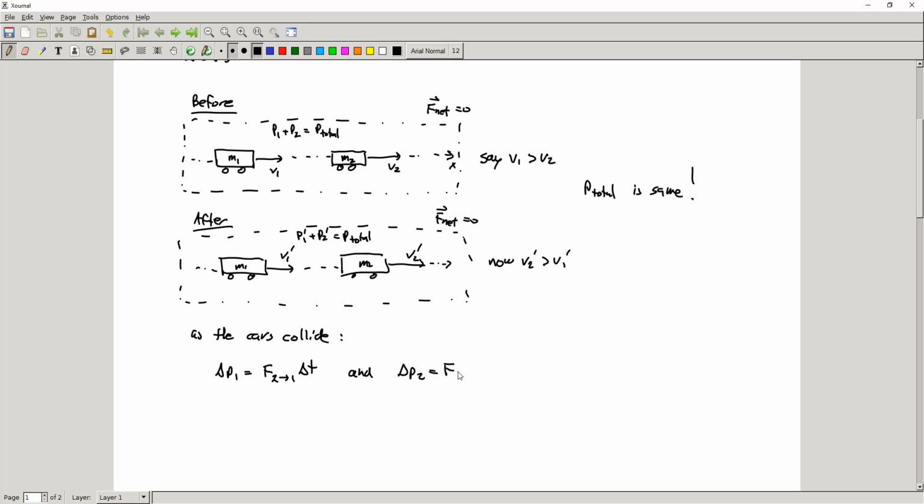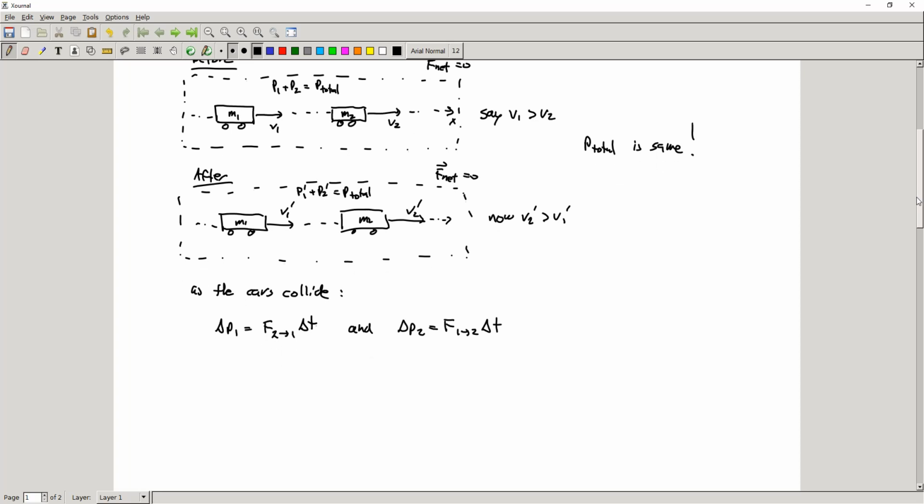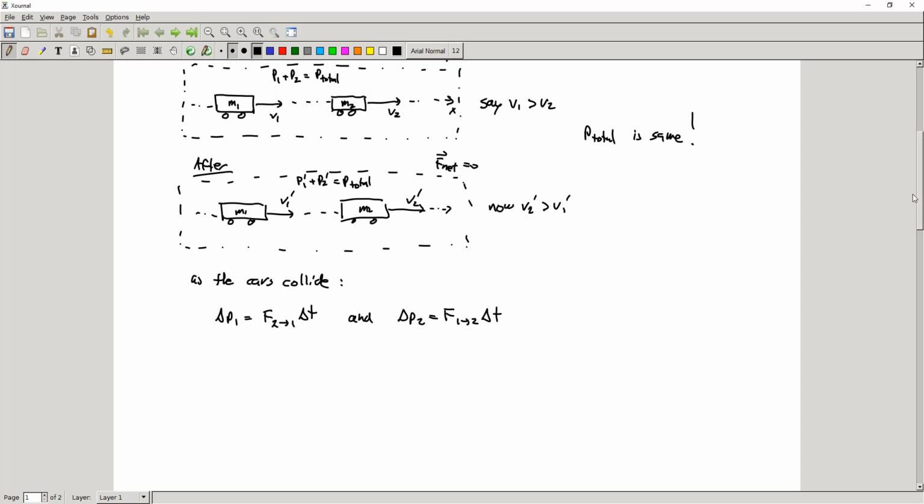This is equal to the force exerted by car 1 on car 2 times the amount of time that the cars are in contact for, right? And we can already see where this is headed, because whatever the force applied by car 2 on car 1 is, it has to be equal to the negative of the force car 1 applies to car 2, right?